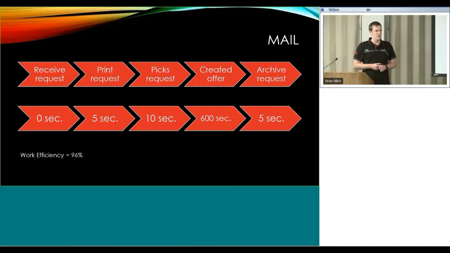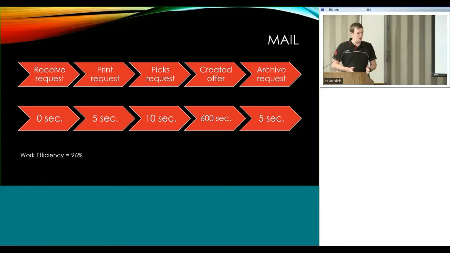I have looked at a request mail from a customer to see how we can improve the efficiency. First we receive the request from the customer, and after that I print the request out, and then I go to the copy room and get my request paper and go back to my desk.